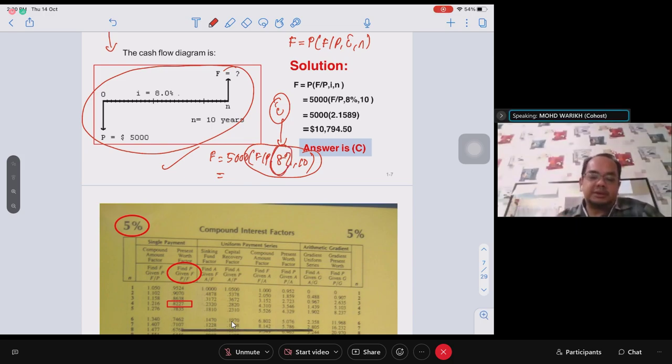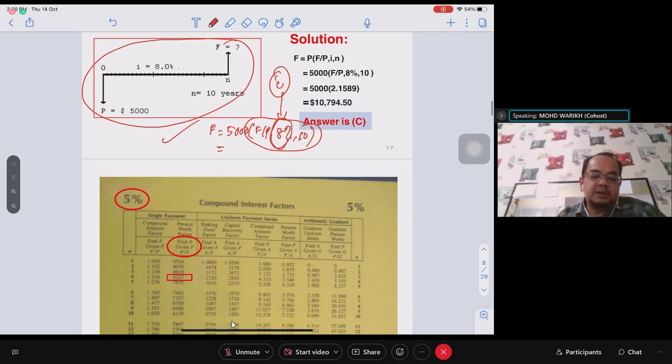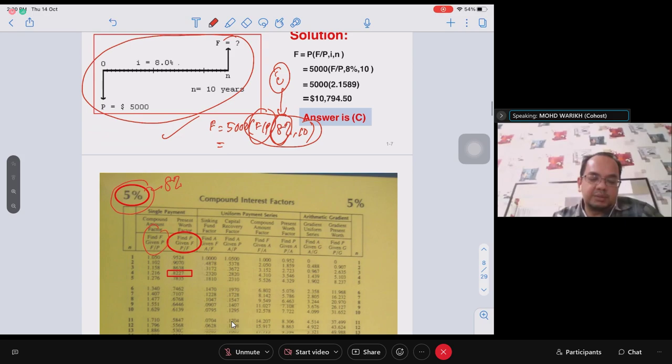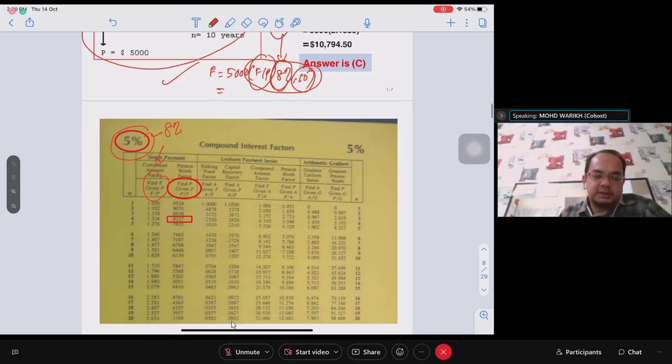Then from the table, for example, a 5% table. So just refer to the 5% table. Then you refer to the first column, F over P. In the earlier example it was 8%, and then you refer to F over P, the first column here. And then the number N here is 10, so refer to the 10, here.